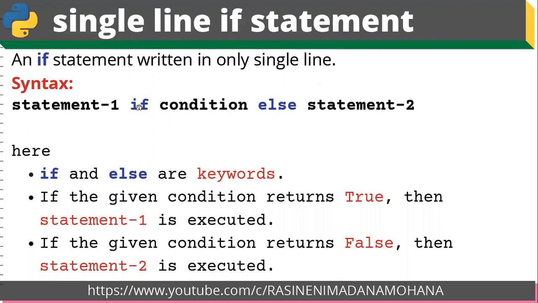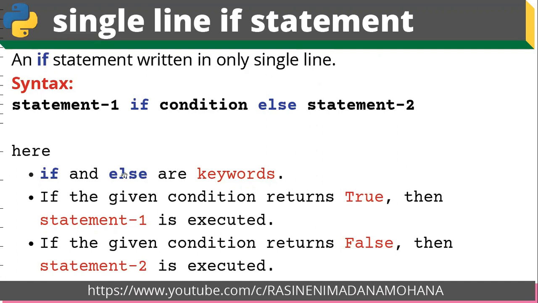Here if and else are keywords in this syntax. Condition means a relational expression. If the condition is true, statement 1 is executed. If the condition is false, then it comes to the else part and statement 2 is executed.